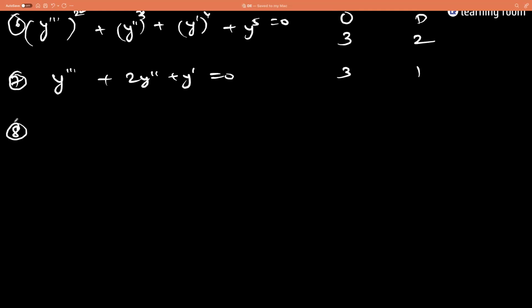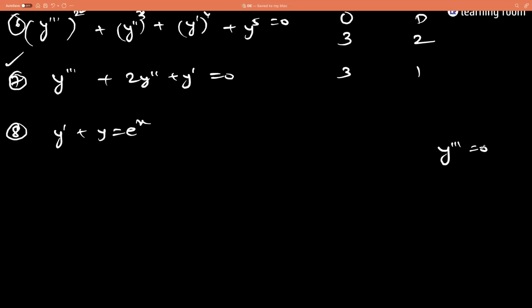Eighth one, y dash plus y. Tell me that. In the last question, seventh one, degree not defined, right? Yeah. This is defined, huh? Sir, there is no y or x. Not necessary. See, suppose the question is y triple dash is equal to 0.